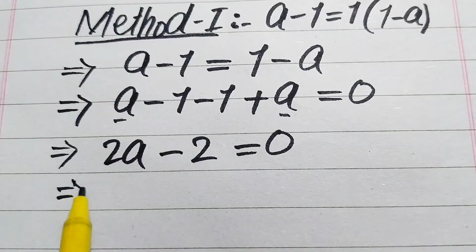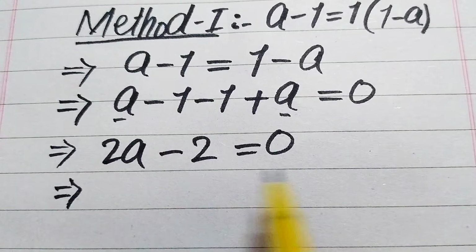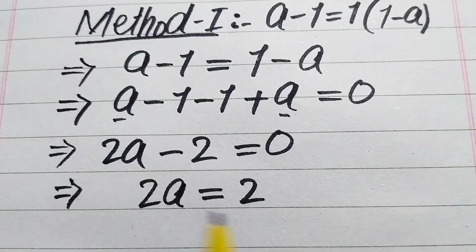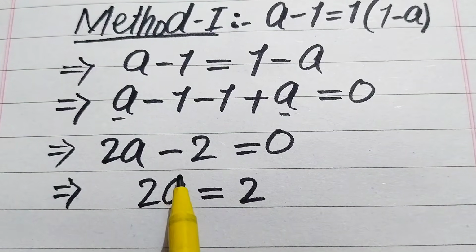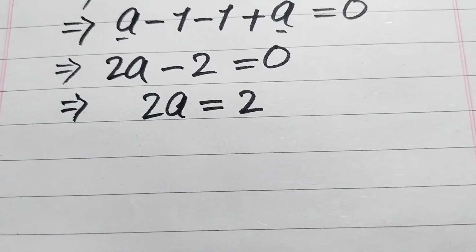And now further our target is to get the value of a. For this we move the term minus 2 to the right hand side, and we get 2a is equal to plus 2, because this is negative 2. When we move it to the right hand side, it becomes positive 2.